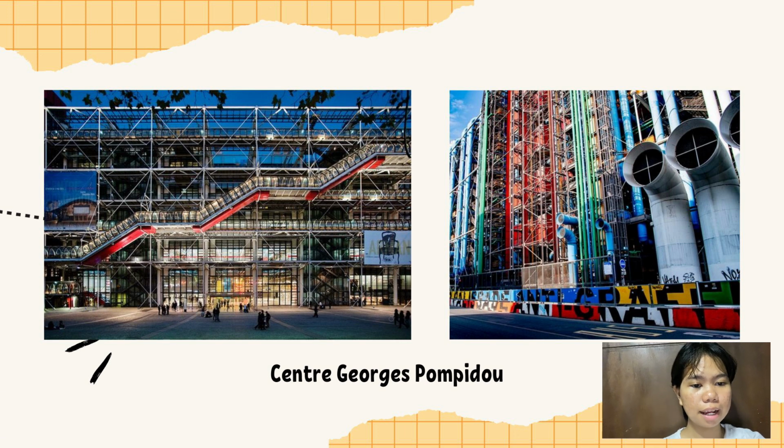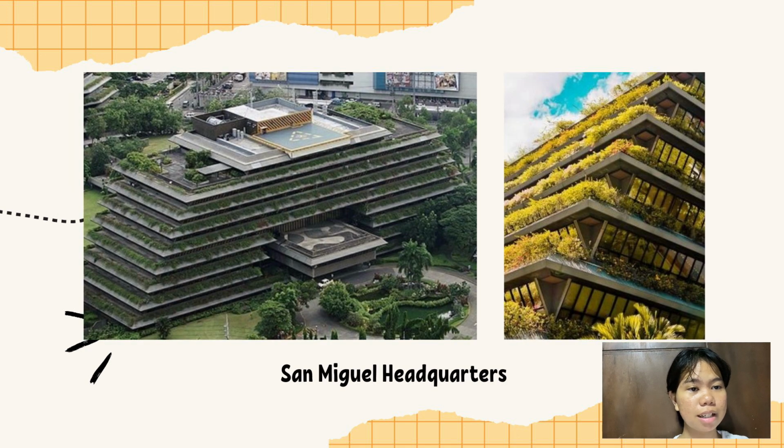So the next is one of my personal favorite structures, which I could say is our own because it is located in the Philippines, the San Miguel headquarters, which is located in Mandaluyong, Metro Manila, Philippines. It is designed by the Manosa brothers and landscape architect I.P. Santos.